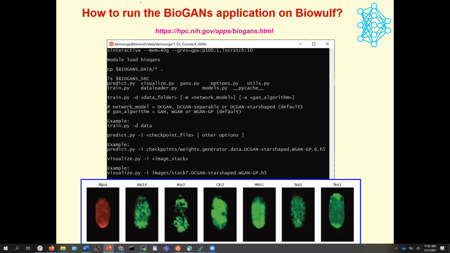So for each of the 6 proteins, you generate different red channel images, right? That's correct. Then you have to synchronize them, to compare between different proteins how they work together. We assume that they are already synchronized because, as I described, the star-shaped architecture is built in such a way that the green channels are trained to be dependent on the red channel due to the concatenation transformation I mentioned previously. So the red channel influences all the green channels.